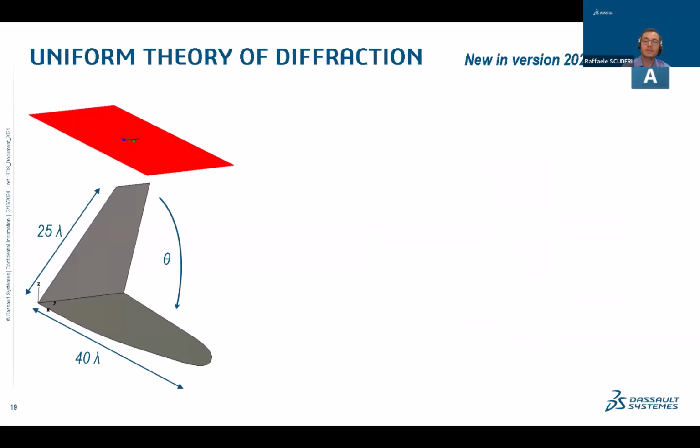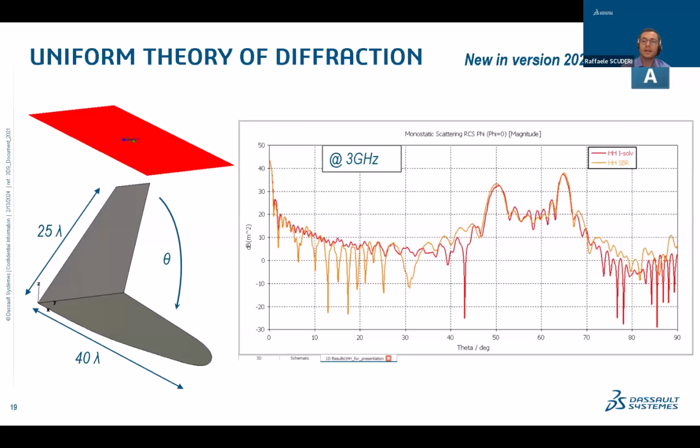Let's have a look at a realistic model here, which simulates basically an aircraft tail. And in here, I started by including the diffraction contribution with the PTD, and I'm comparing this contribution with a pure SBR approach.